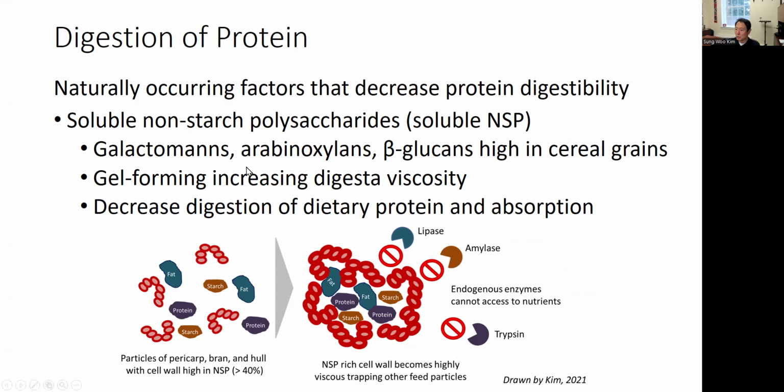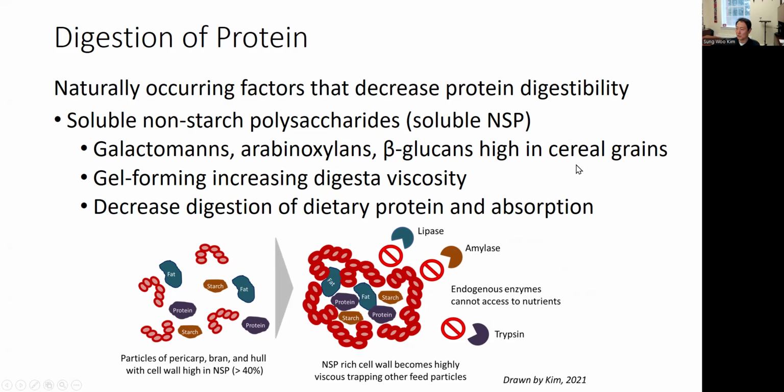Okay, among those, some of them can absorb water. So it is not entirely correct, but we call it soluble NSP because some types of NSP can absorb water and become highly viscous. Examples are galactomannans, arabinoxylans, and beta-glucans.